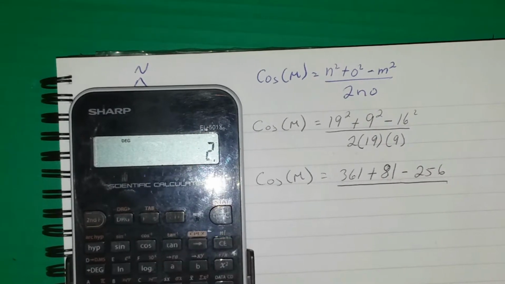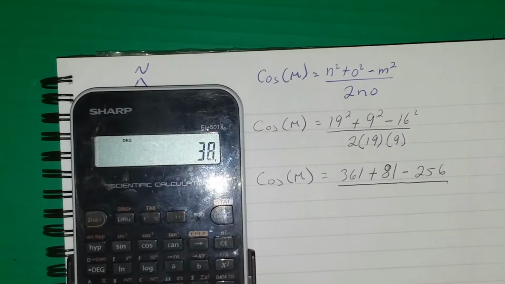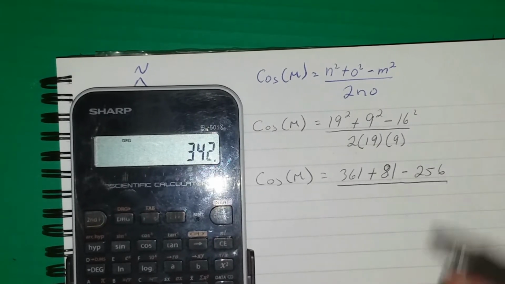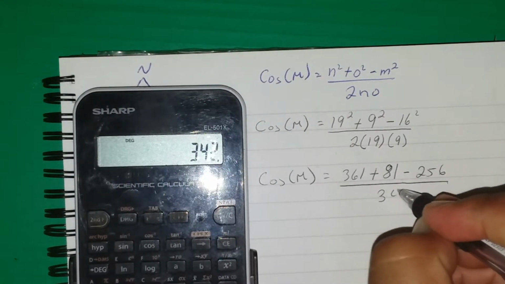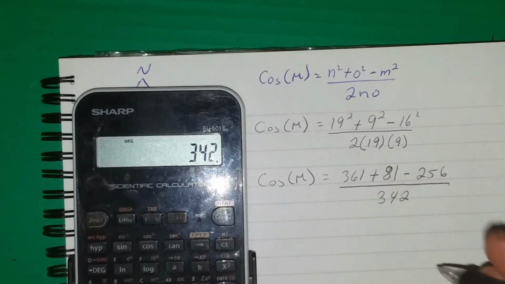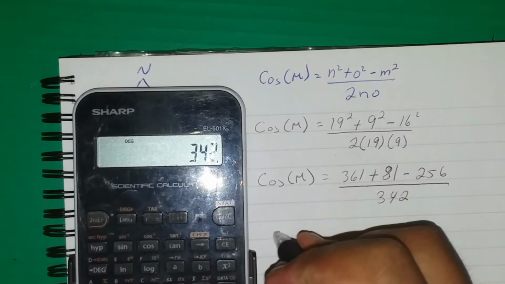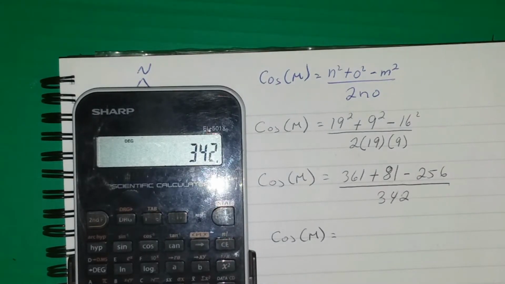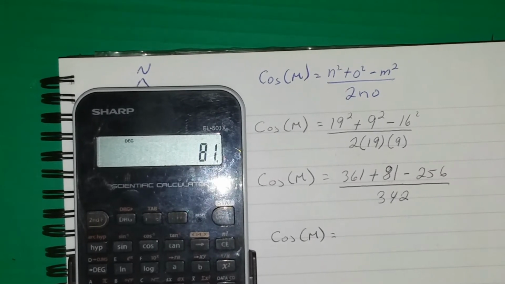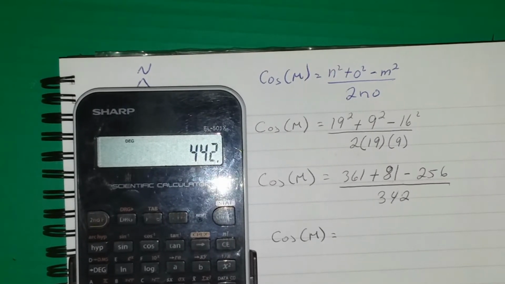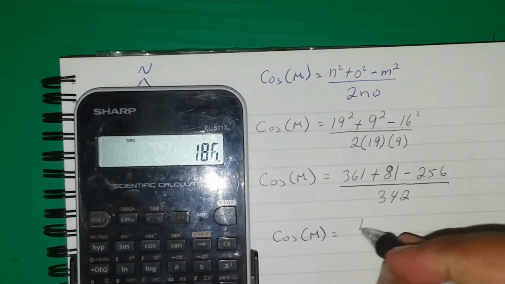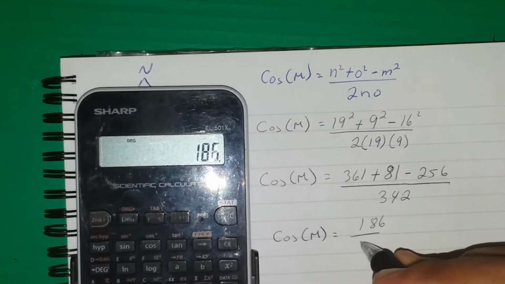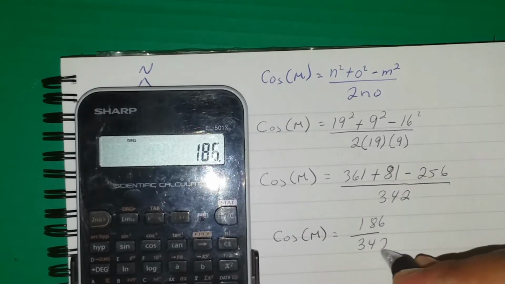That's going to be 2 times 19 times 9 gives me 342. Alright, so the next step is cosine of m equals 361 plus 81 minus 256. That's going to be 186 divided by 342.